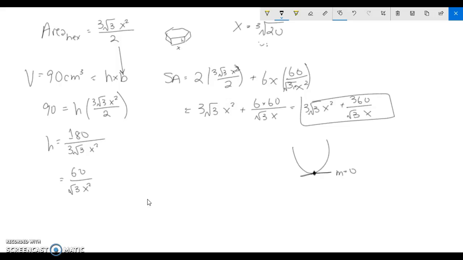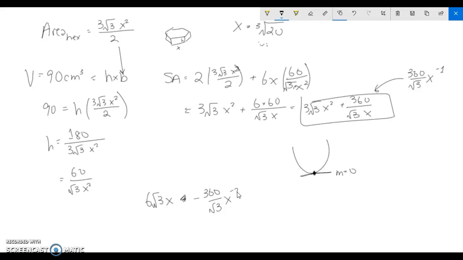Let's find the derivative first. Derivative of 3 root 3 x squared equals 6 root 3 x plus the derivative of 360 root 3 x to the negative 1, which is minus 360 over root 3 x squared.